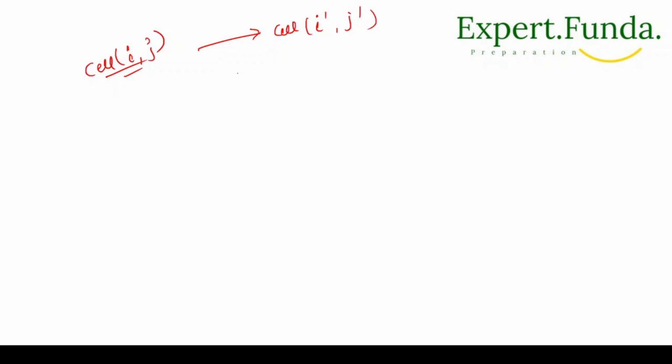So from this neighbor we came to this cell. If this is your current cell, then this is your previous cell. For i, j there is another cell i dash, j dash. So this is the current cell's move, and this is your previous move.